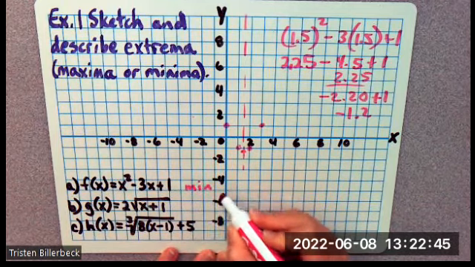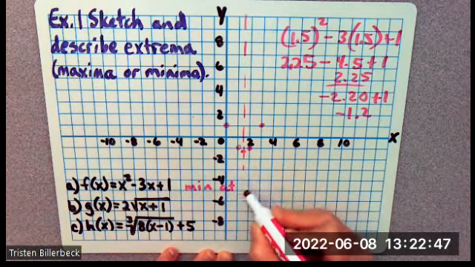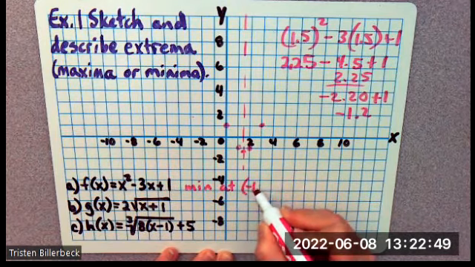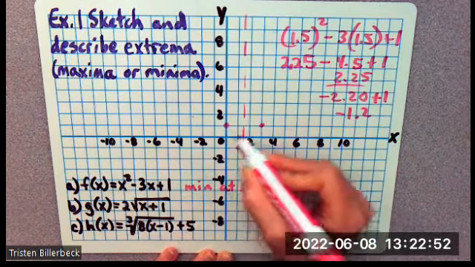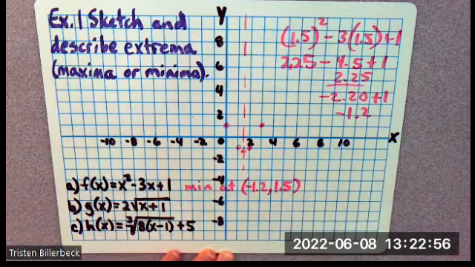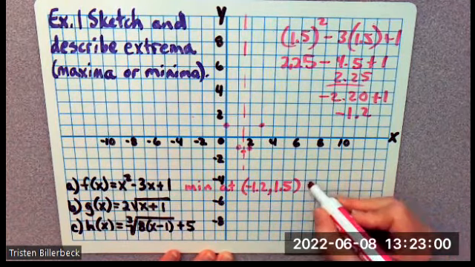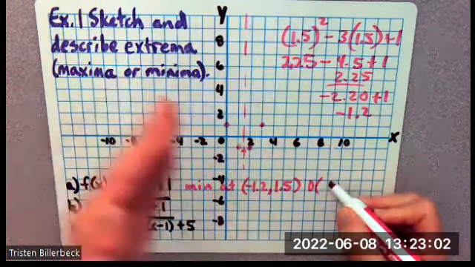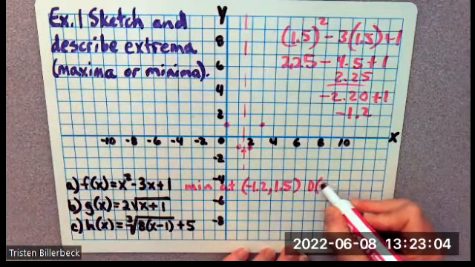So this has a minimum at negative 1.25, and that's at 1.5. So that would be its minimum. Okay, so then our domain, it's going to infinity in both directions.